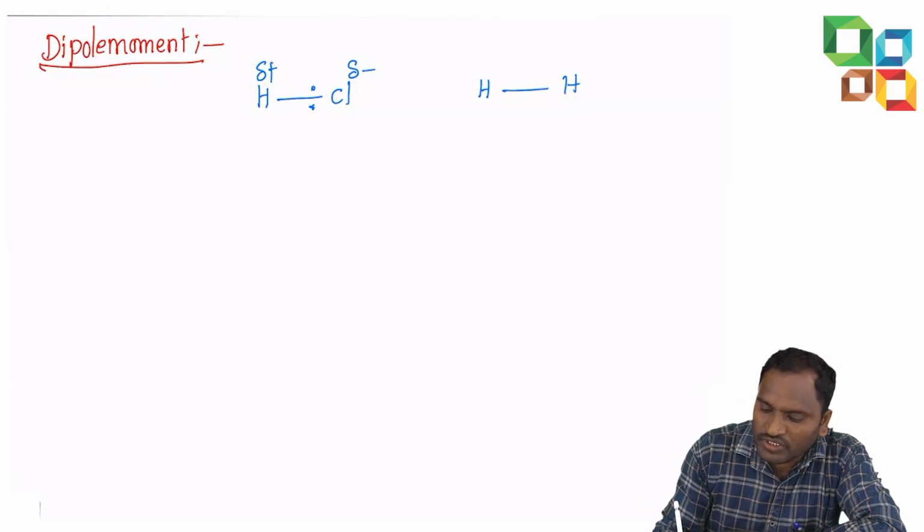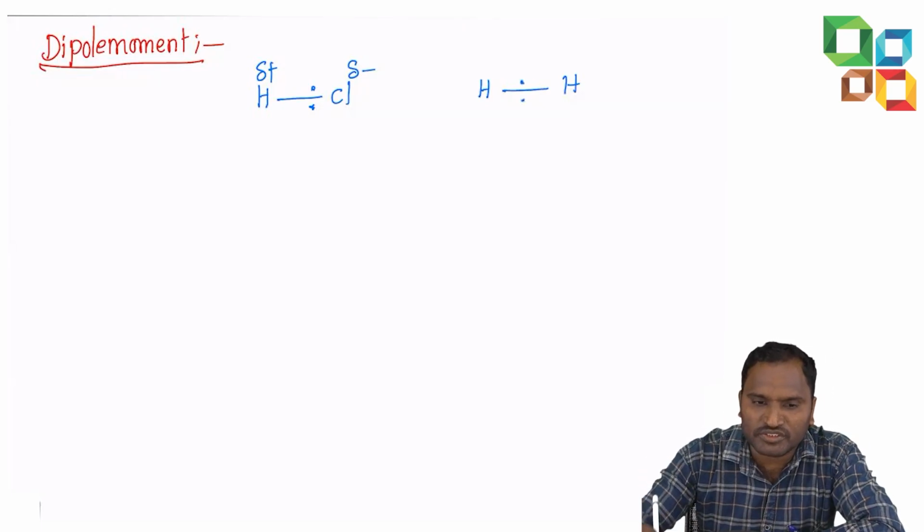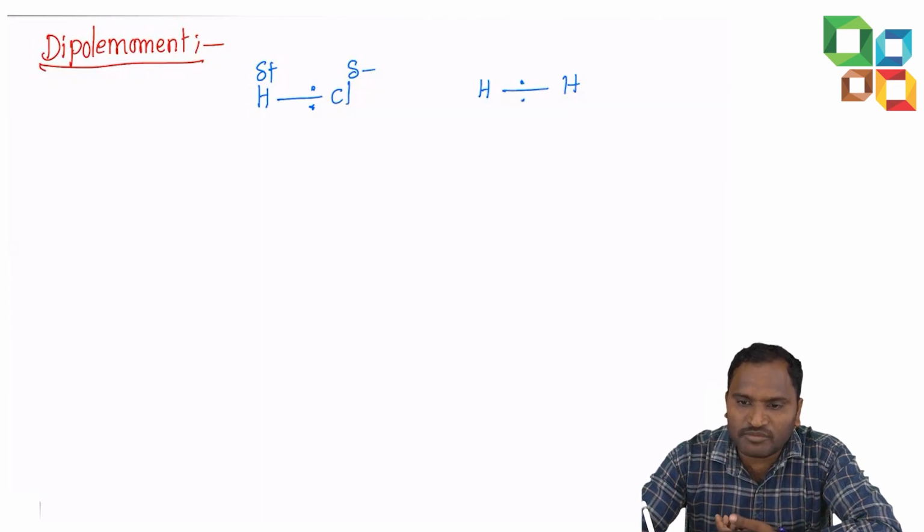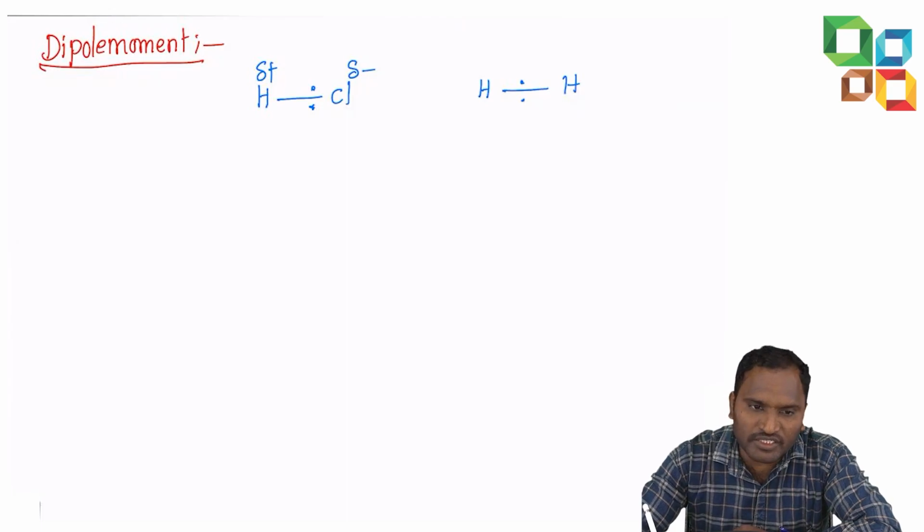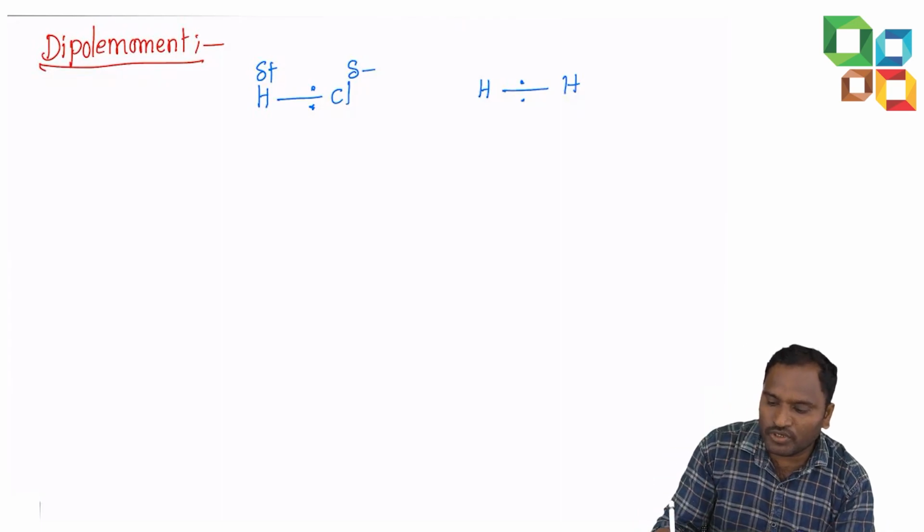Here, both have equal strength. They are the same atoms, no? Whatever force of attraction one hydrogen applies, the other hydrogen also applies the same force of attraction. So the bond pair of electrons will not move to either side. They just stay at the center of the two atoms. Here polarity won't be there.